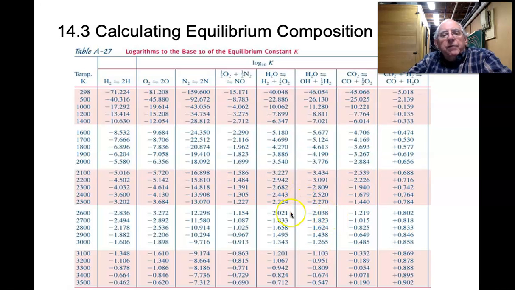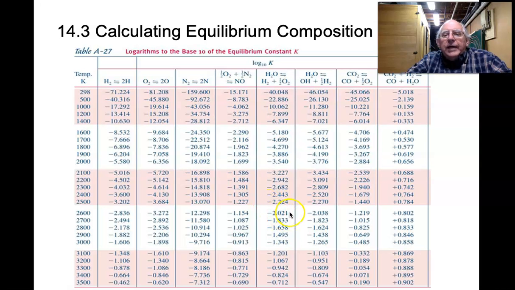Okay, if I were to go up to this 2600, and look at the log base 10 of this equilibrium constant, it implies that the constant itself is approximately 1 over 10 to the 2 power, or the equilibrium constant is about 0.01, 1/100th.